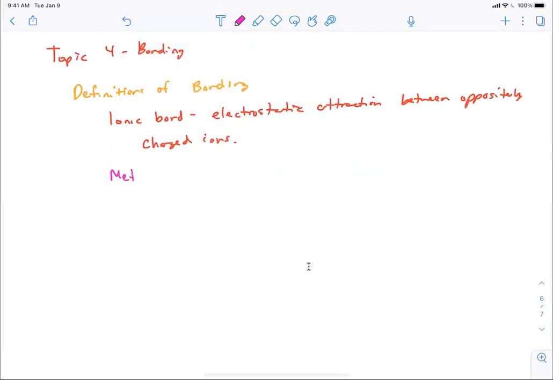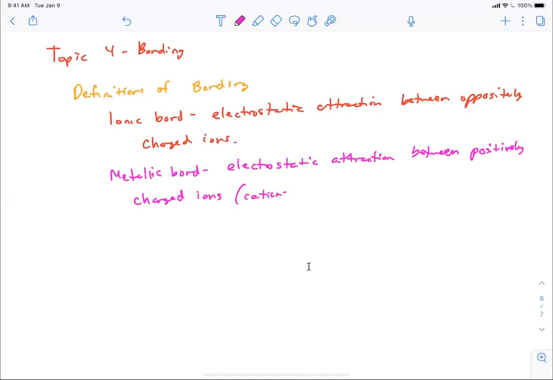For a metallic bond, you have to know it's an electrostatic attraction between positively charged ions, also known as cations, and a delocalized sea of electrons.